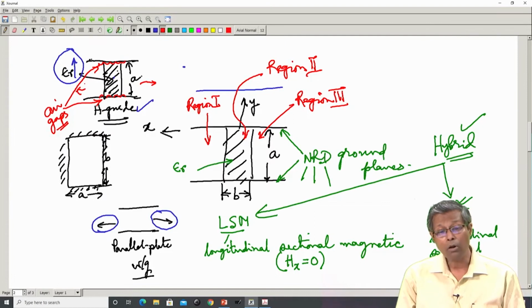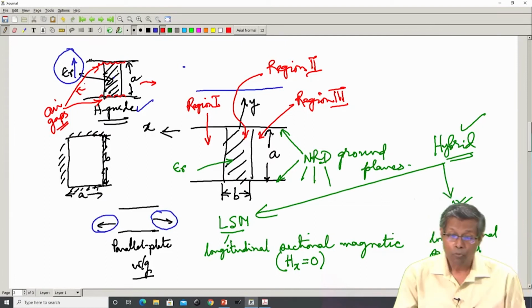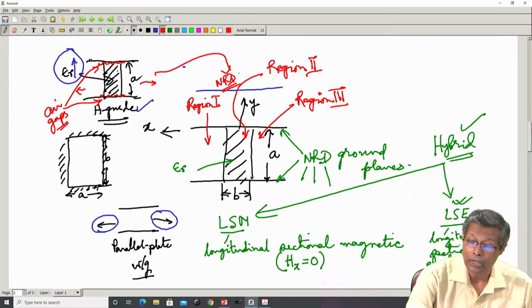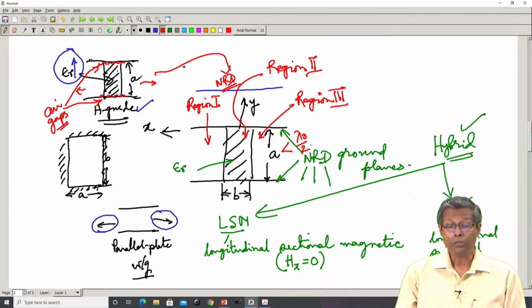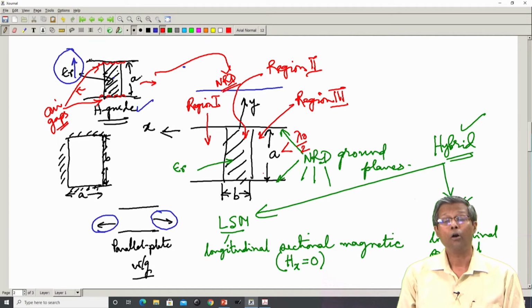So, in order to develop an improved version of the H guide, we came to the NRD guide, in which the only difference from the H guide was this distance a being less than lambda 0 by 2. Because this distance a is less than lambda 0 by 2, this region offers a cutoff. Okay.